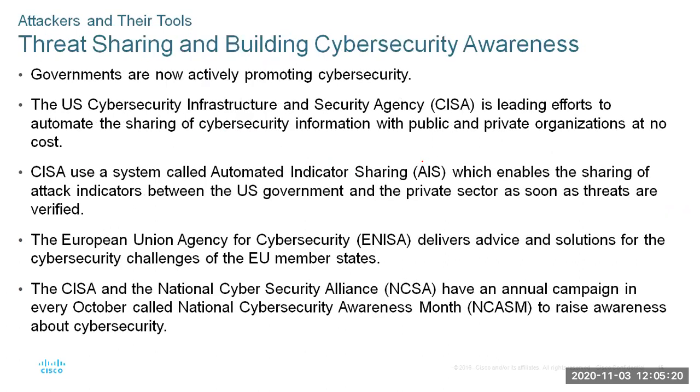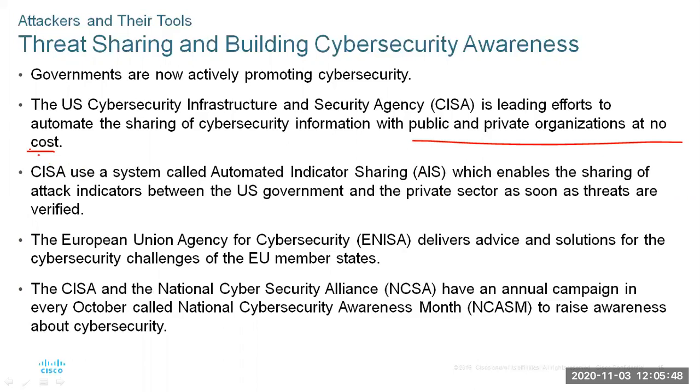Threat sharing and building cybersecurity awareness. Governments are now actively promoting cybersecurity. That is why the US Cybersecurity and Infrastructure Security Agency is leading efforts to automate sharing of cybersecurity information with public and private organizations at no cost so that you can learn from them.